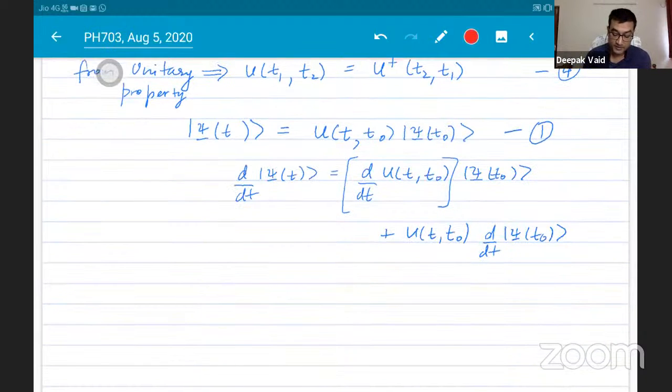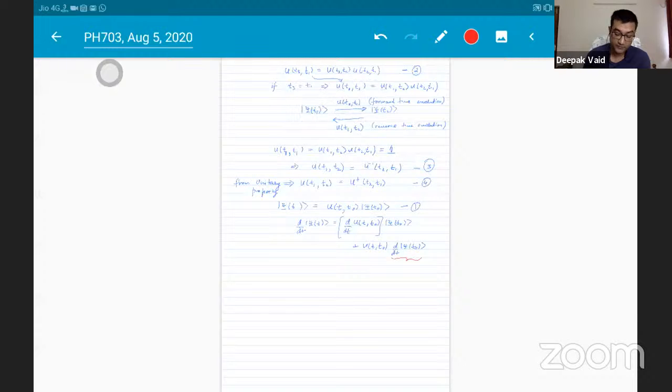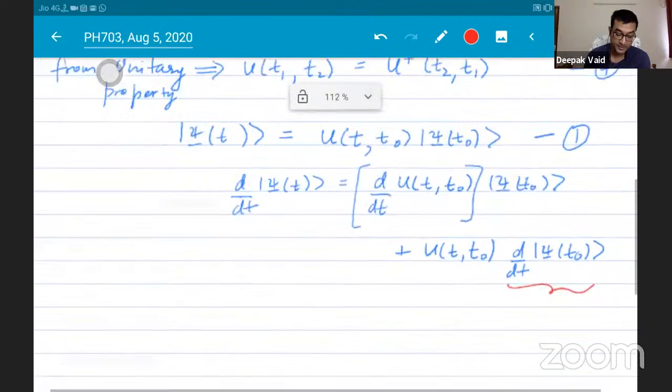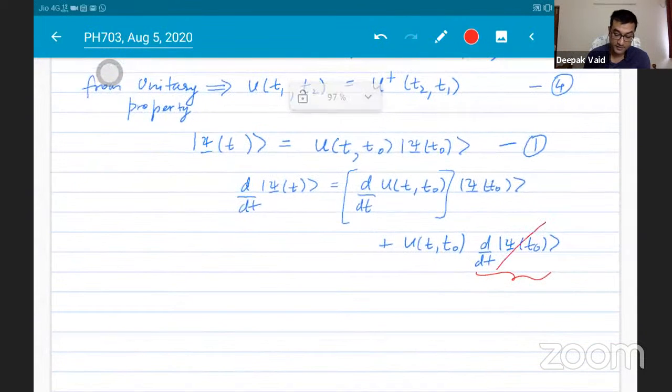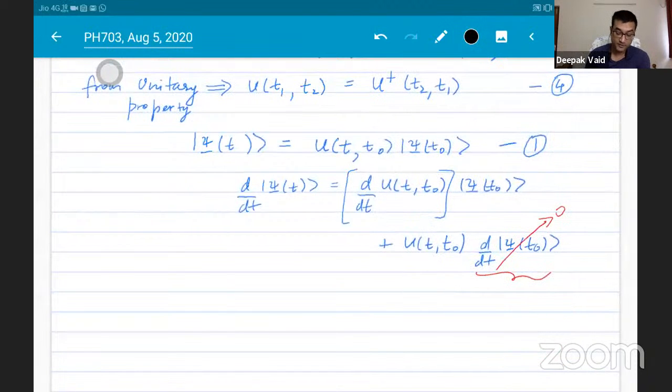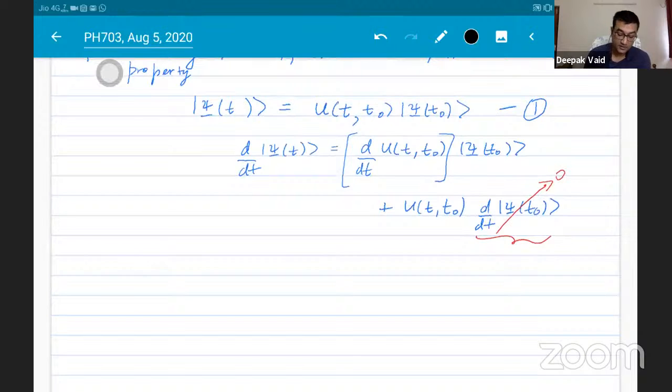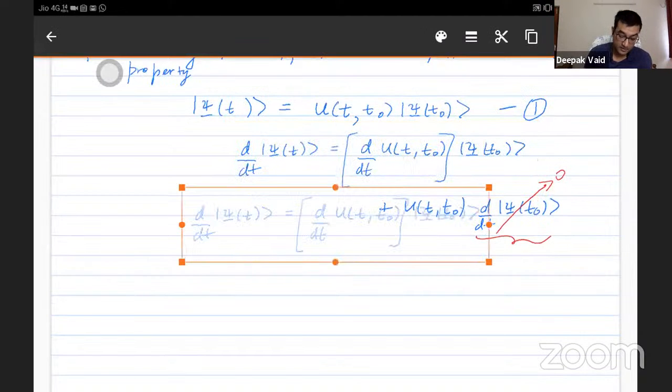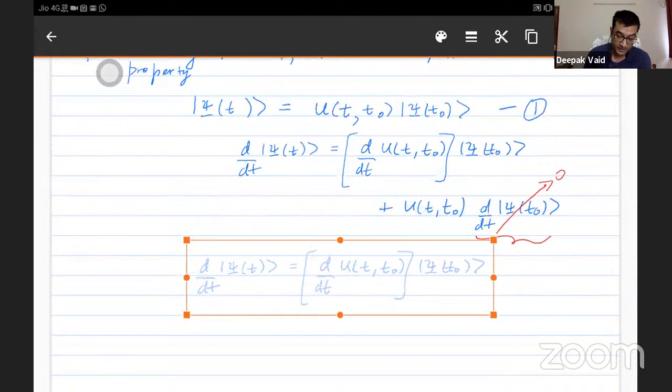But now this psi of t naught, that is the state at a time t naught. T naught is fixed, that is the initial time. So this time derivative will be 0, right? It is our initial state. We can't change that. So this is 0. So we are left with this expression, right?